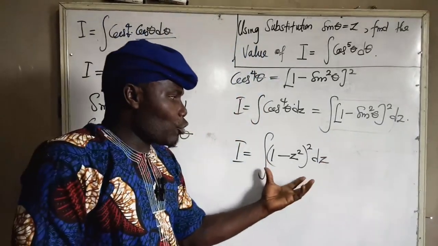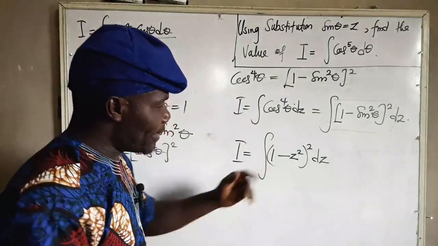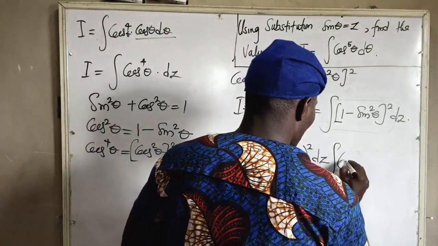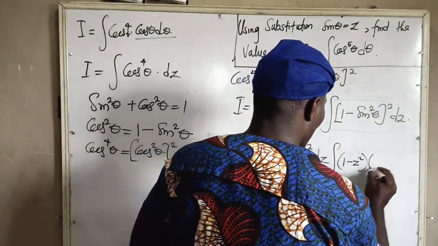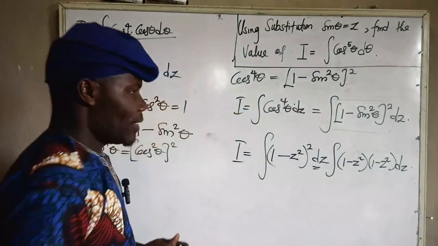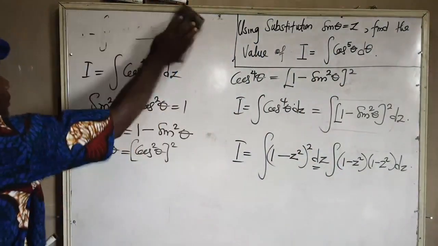So this has now turned into a little quadratic form. Let's expand this. We have the integral of 1 minus z square times 1 minus z square dz. Let's expand this and see what it will give us.